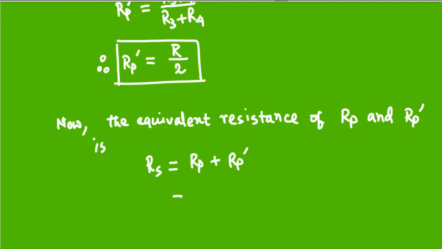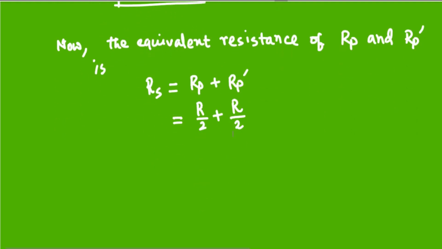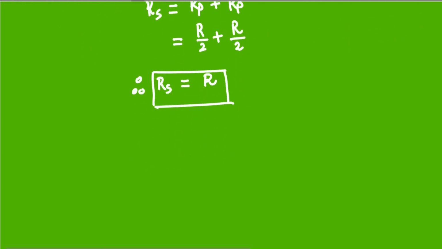Here Rp and Rp prime are connected in series combination. In place of Rp we can write R by 2, in place of Rp prime we can write R by 2 again. Therefore, Rs equal R, that is the equivalent resistance of Rp and Rp prime.